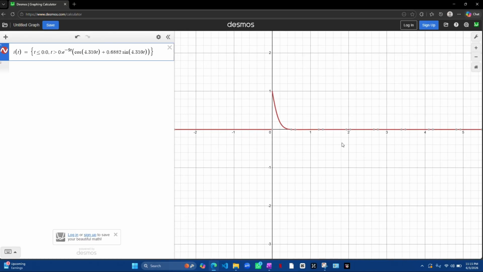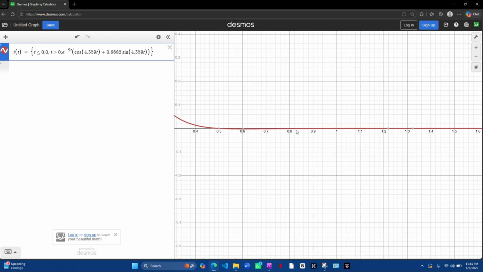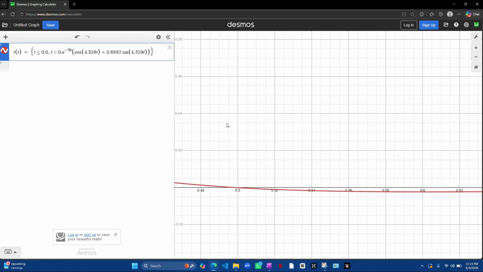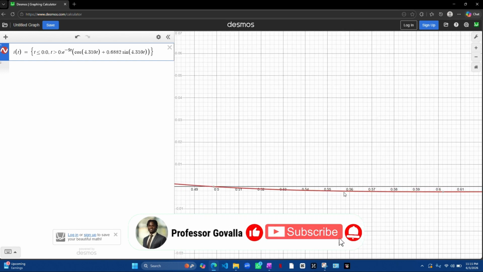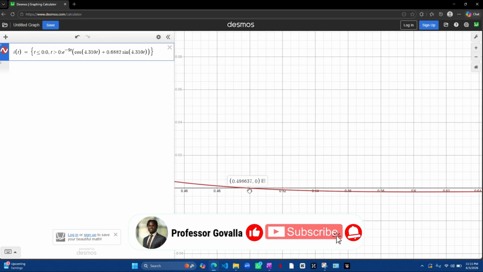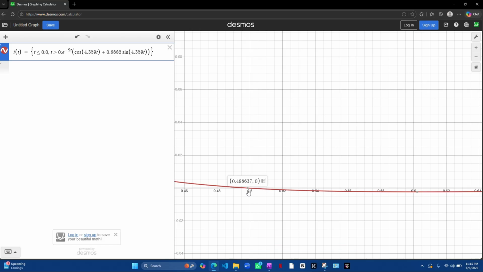And again, as you can see, it does saturate really quickly, right? But if we zoom in, we can see that it does swing to the negative value. Specifically, we can see that it hits 0 at that first point, which we calculated to be 0.4985, and here they're getting 0.4986, which is fine. Another important parameter is where it hits its minimum, and then it starts to swing back up, as you can see here.